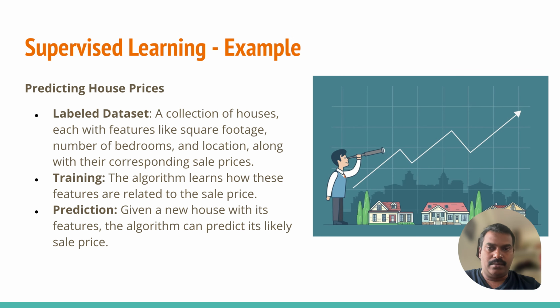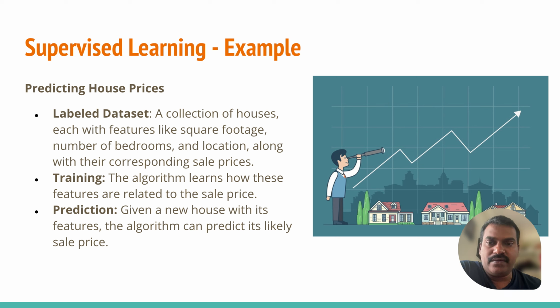Let's take another example. Say you want to predict house prices. You want to build a product, so that when a person wants to sell an apartment, and doesn't know the sale price at that moment, you can utilize machine learning to predict the value of the property.